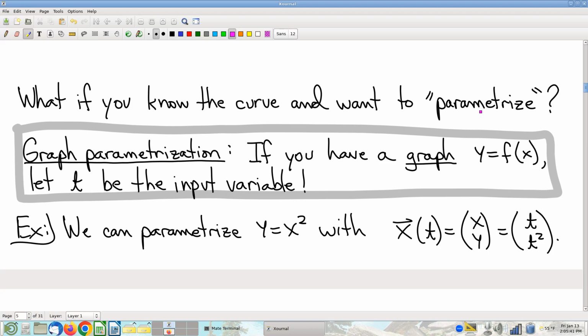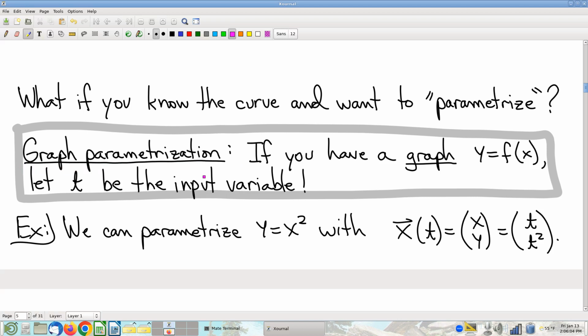So I'm starting with my favorite one. If you had to pick a single parameterization method to use only and exclusively for your whole life, of course you would be very limited. It wouldn't work for every situation you encounter. But if you had to pick one, I think I'd pick this one. I call it the graph parameterization.